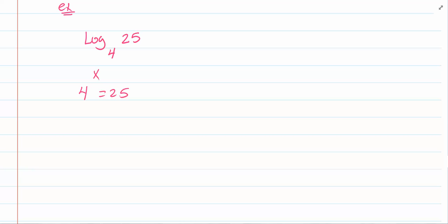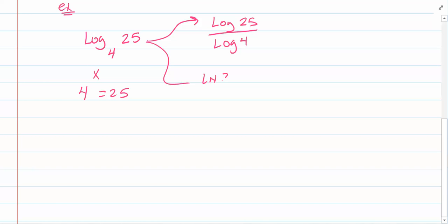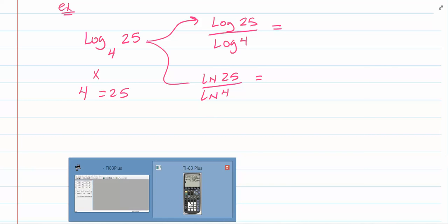Okay, so let's use the change of base formula. We can go 2 routes with this. We can either say log base 10 of 25 divided by log base 10 of 4, or the natural log of 25 divided by the natural log of 4. We're going to do both of these on our calculators right now to show you that we should get the same answer.